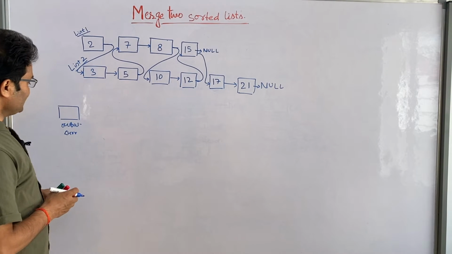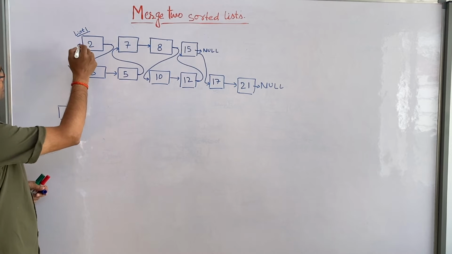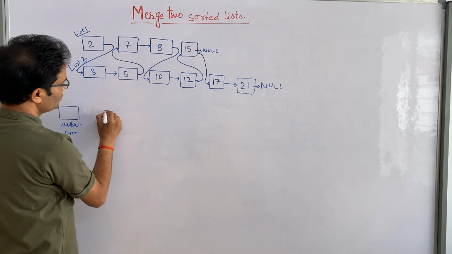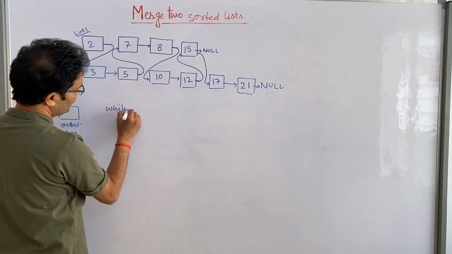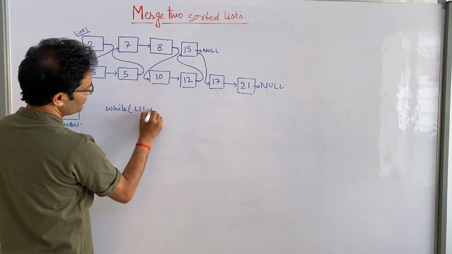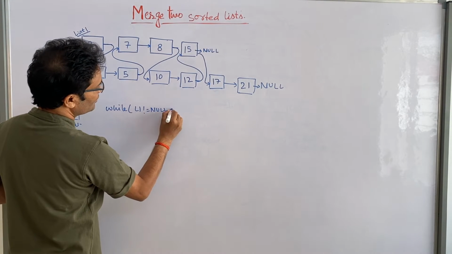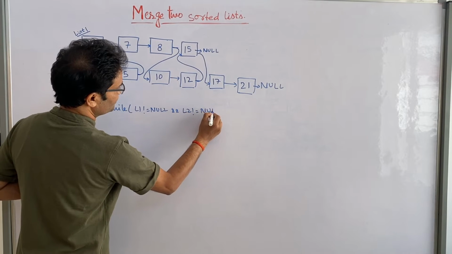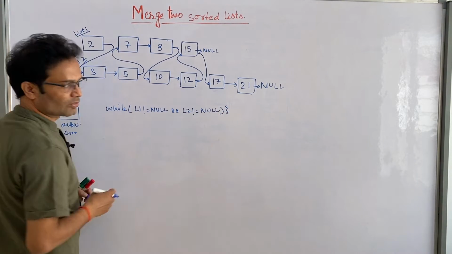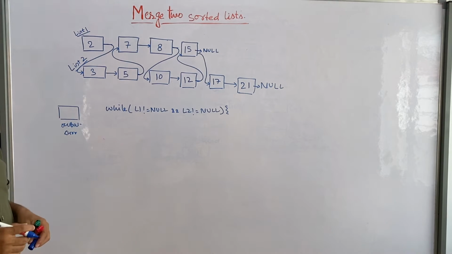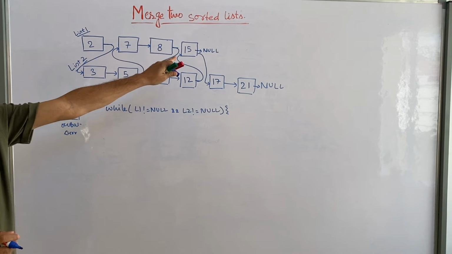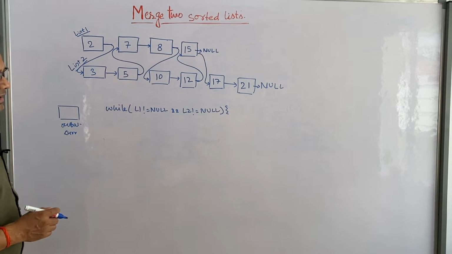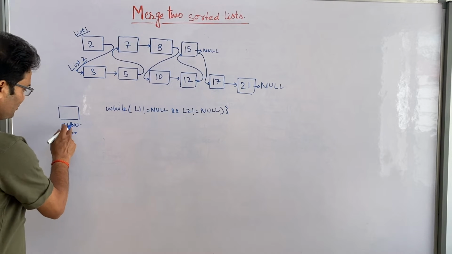How will you do that? Suppose this is list 1, list 2, right? We will move while list 1 or list 2 is not null. We will move this link till any one of them reaches the end, null, right? And then check.